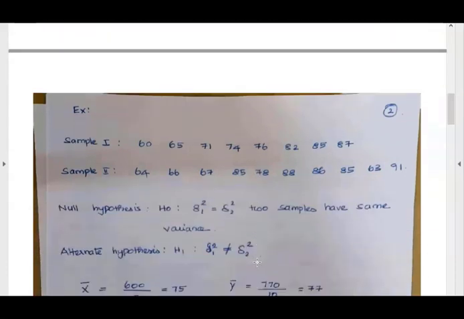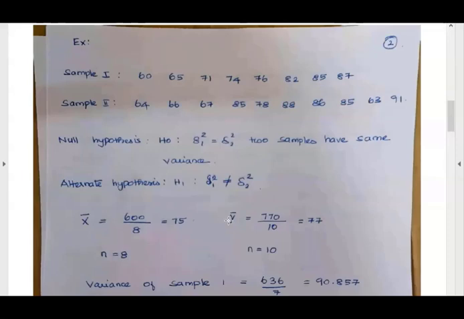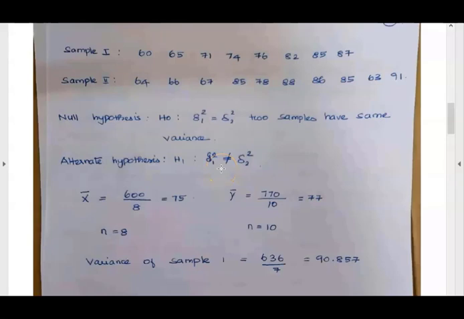Here consider two samples. Sample 1 consists of data 60, 65, 71, 74, 76, 82, 85, 87. And sample 2: 64, 66, 67, 85, 78, 88, 86, 85, 63 and 91. First I am setting the hypothesis H0: both the samples have the same variance, and the alternate hypothesis H1: both the samples don't have the same variance.